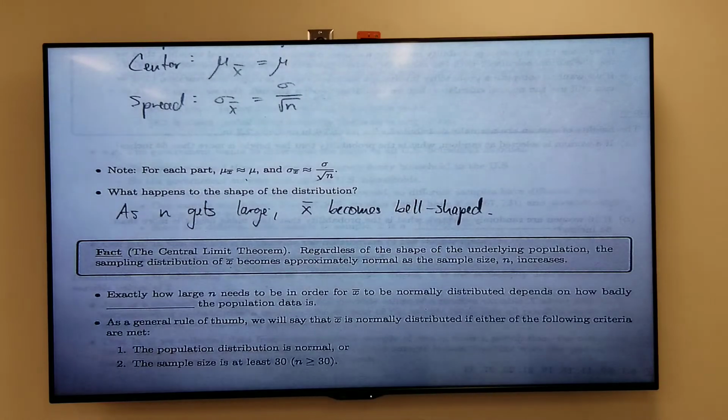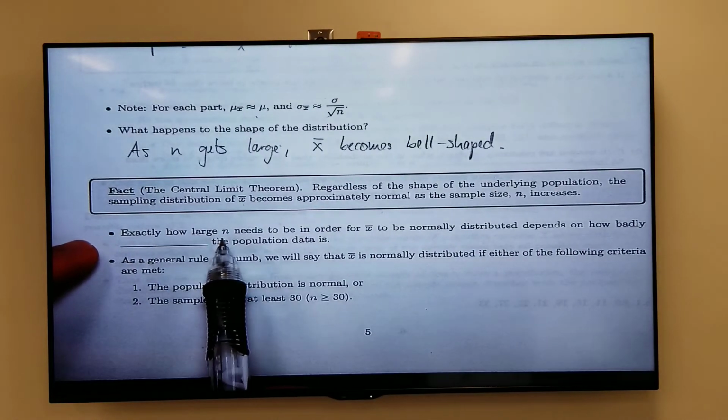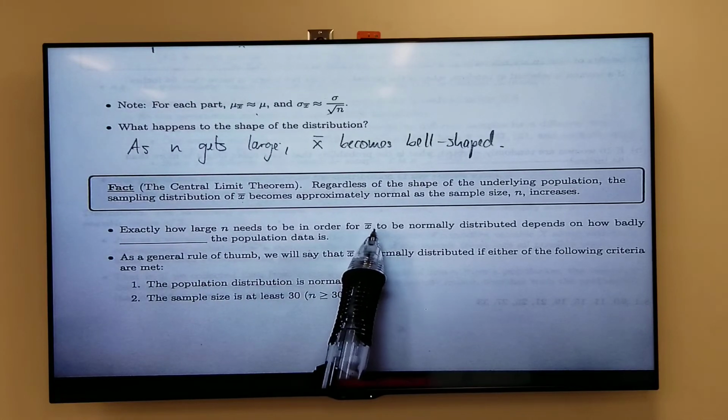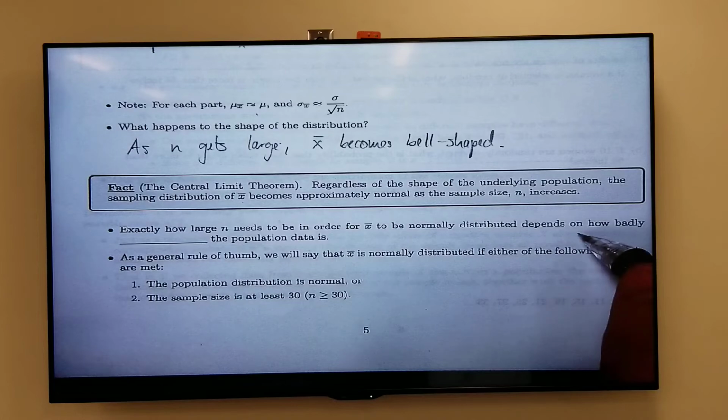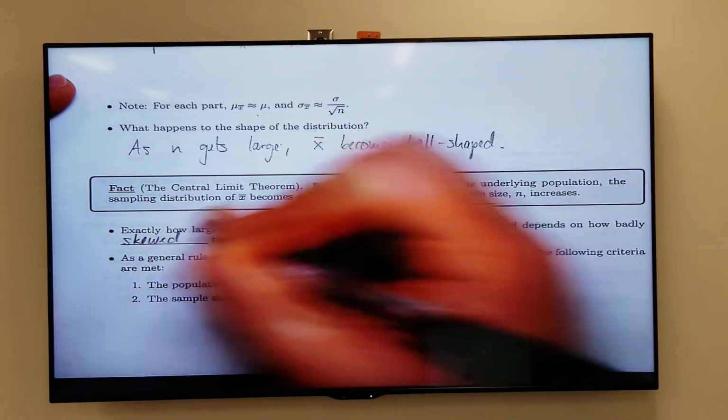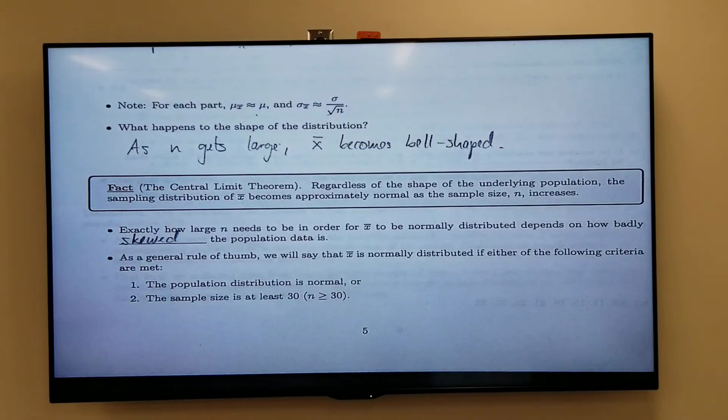One question that you might have is, exactly how large does n need to be in order for x bar to be considered normally distributed? The answer is, it really depends on how badly skewed the underlying population data is.